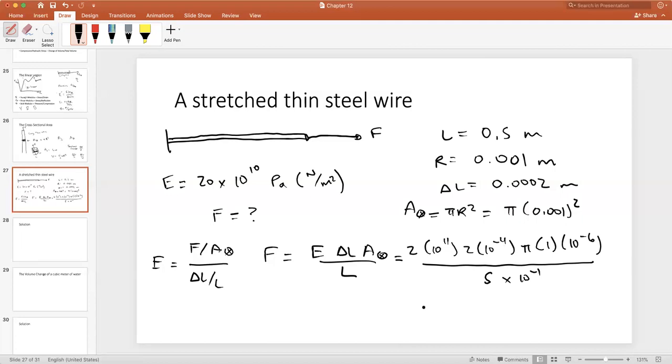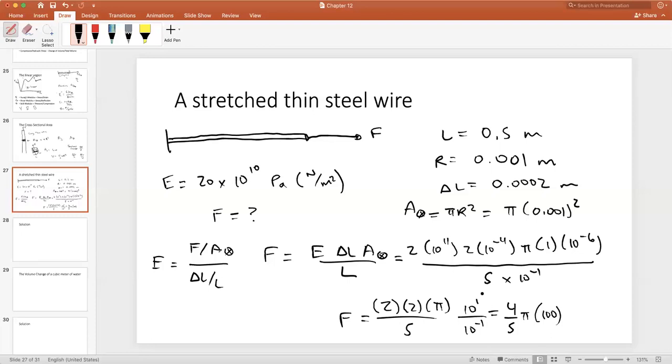So this becomes F is equal to 2 times 2 times pi over 5 times 10 to the 1 over 10 to the minus 1, and this minus 1 comes up, so it's 10 squared. That becomes 4/5 pi times 100.